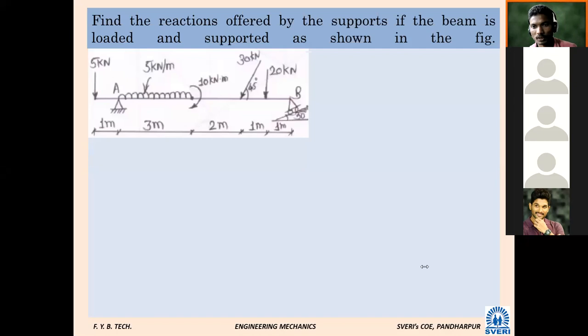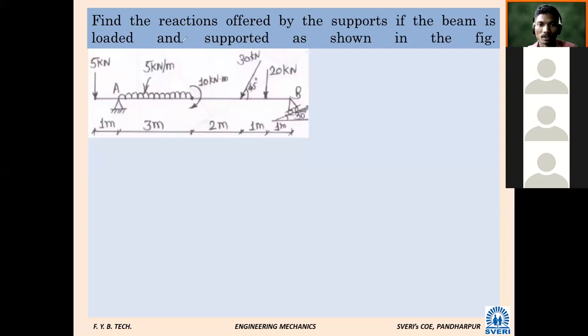So this will be the last problem from our beam problems. If you are able to solve it, let us convert this into a force diagram. What will the force diagram of the given loading be?